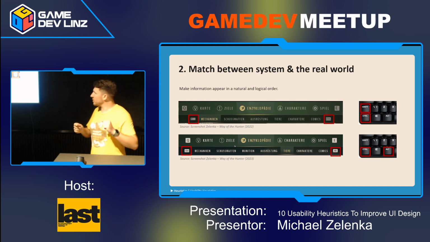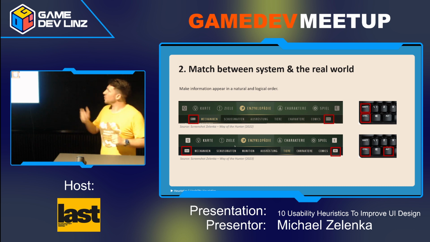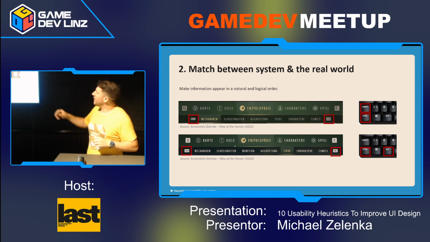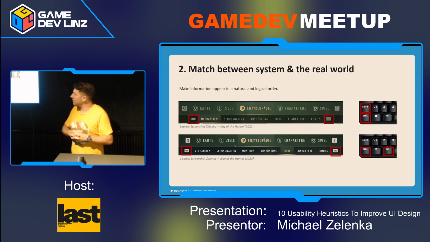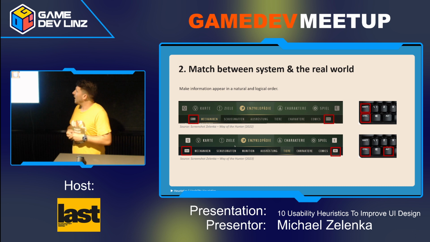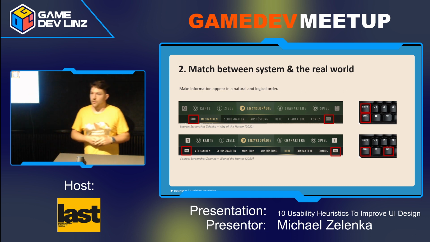I have to press a button upside, which is above, to go left, and down to go right. So this violates this heuristic, and later on they changed it to Control and Alt, so the player doesn't have this switching cost because it's more natural that you click Control for left and Alt for right.